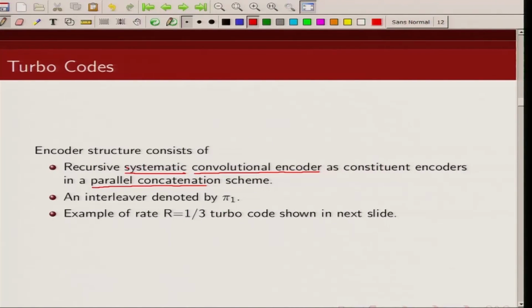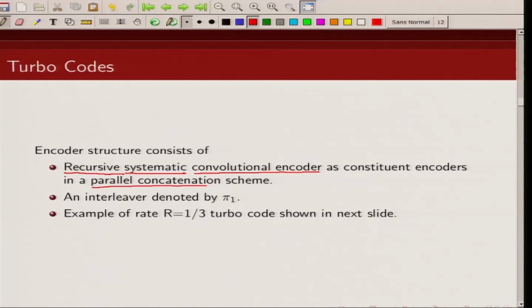Subsequently, people have also worked on design of non-systematic turbo codes, but the ones which were initially proposed in 1993 by Berrou et al. used systematic convolutional encoders.